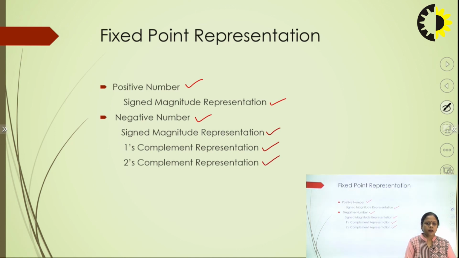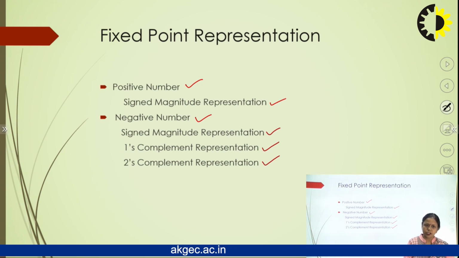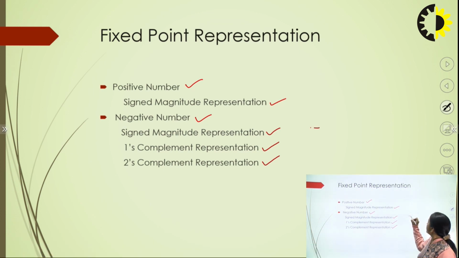In sign magnitude, for example, if I want to represent minus 1, I will take 0, 0, 1 for the magnitude value and I will take 1 for the sign bit. So in sign magnitude representation, we take the magnitude value as it is, and for the sign bit we take 1. So this is the sign magnitude representation.